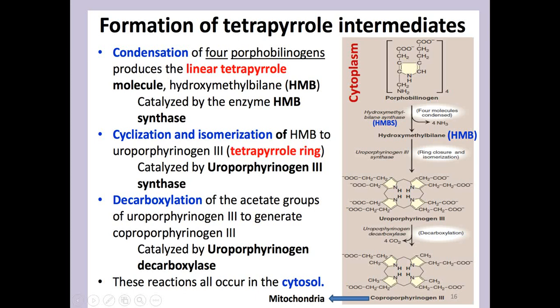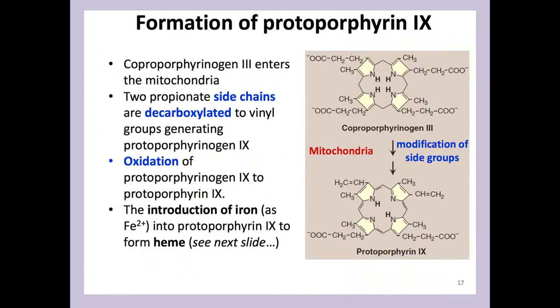Cyclization and isomerization of hydroxymethylbilane to uroporphyrinogen 3 forms the tetrapyrrole ring, catalyzed by uroporphyrinogen 3 synthase. Decarboxylation of the acetate groups of uroporphyrinogen 3 to generate coproporphyrinogen 3 is catalyzed by uroporphyrinogen 3 decarboxylase, and these reactions all occur in the cytosol of the cell.